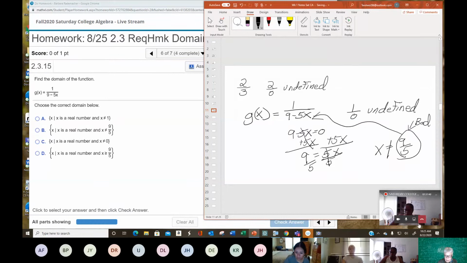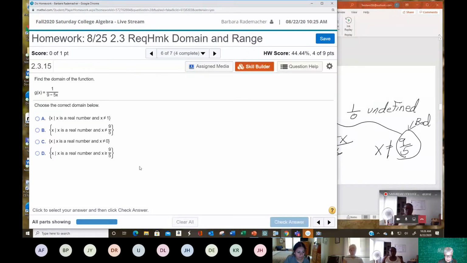So I come over here to my math lab where I look at all the possible answers. And here I have x is a real number, and x cannot equal 9/5.